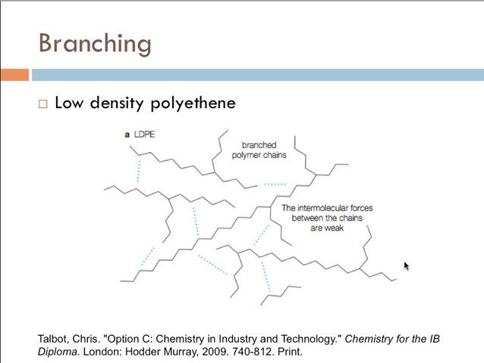So what are the differences between the low density and the higher density? If you look at this low density, you see that the branched polymers are very disorganized with fairly weak intermolecular forces between the polymer strands.